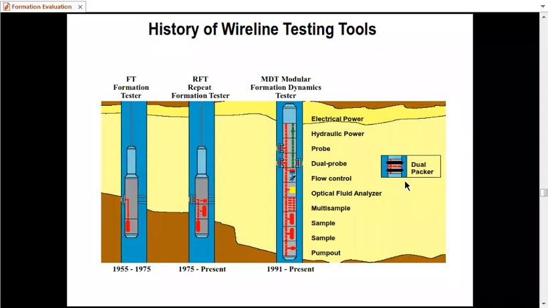This option has a great effect in very tight formations, especially in tight gas zones or tight oil formations. Consider that the dual packer will focus on a very short interval of the reservoir and consider the tightness effect of the oil or gas bearing zone.